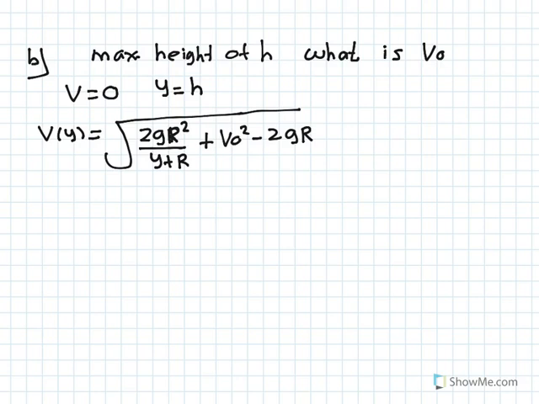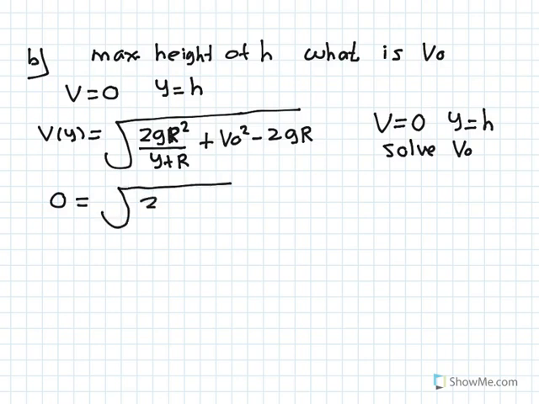So let's make the velocity 0 and let's make the height equal to h, and let's solve for the initial velocity needed. Solve for v naught. Alright, so we have 0 is equal to root of 2g r squared. Substituting y equals h, we get h plus r plus v naught squared minus 2gr.